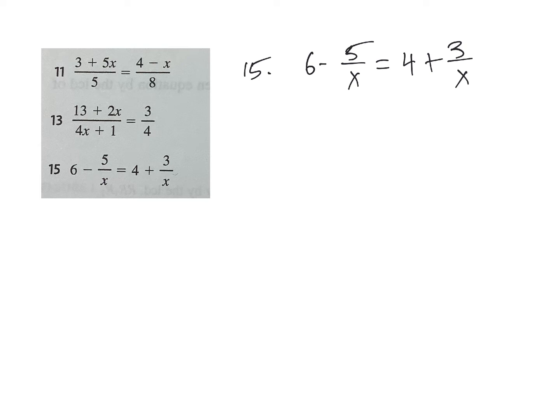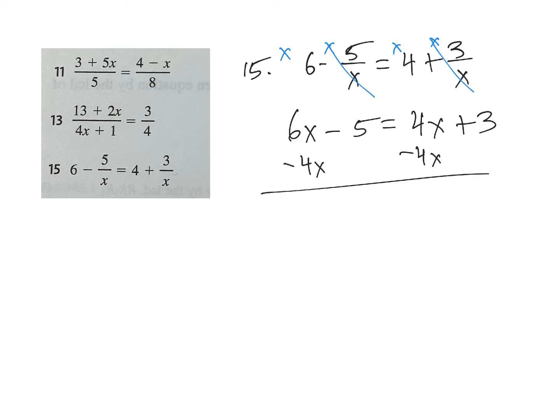So we're going to multiply everything by x, and the x's will reduce in the terms that have the x's in them. So what are we left with? 6x minus 5 and 4x plus 3. It doesn't change anything. It doesn't change the value of the problem. But now your fractions are gone. A very useful tool to have.